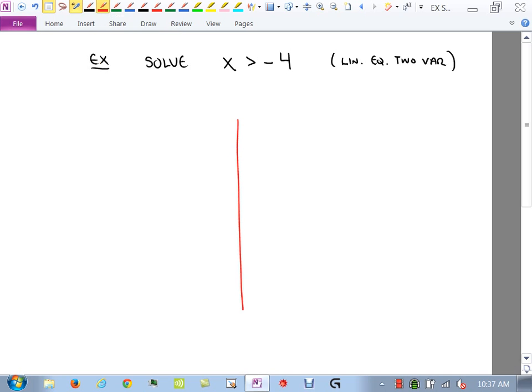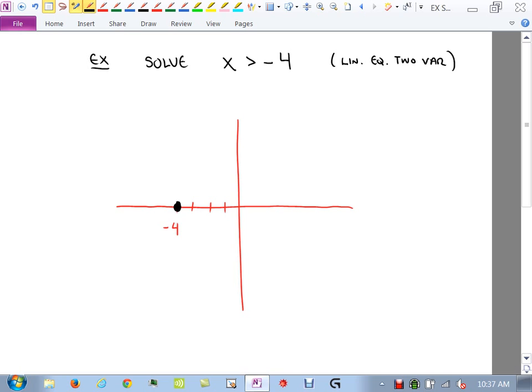Let me draw this for you. Where is -4 here? Where's x is -4? On the x-axis to the left a little bit. 1, 2, 3, 4. -4 is right there. Do you agree that that point right here is x is -4?